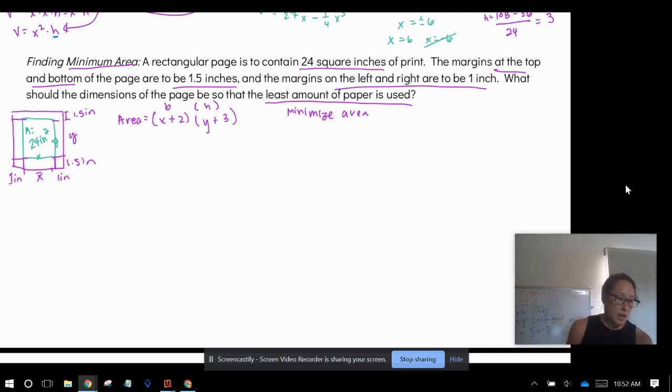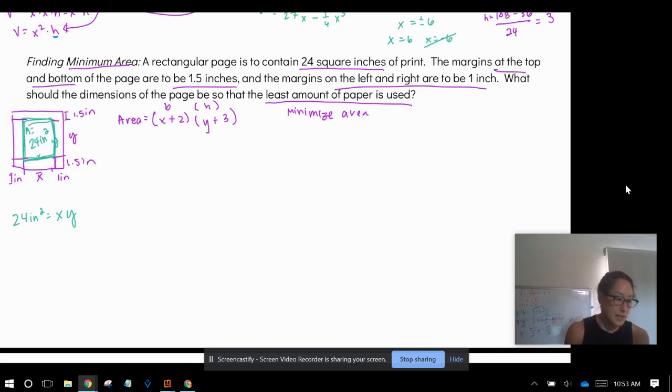Okay? All right. Up next, we need a secondary equation because we need to start plugging in some values into our situation here. So our secondary equation is the surface area of the inside, so the green part right here. I know that the inside piece is 24 inches and that the area equation would just be x times y.